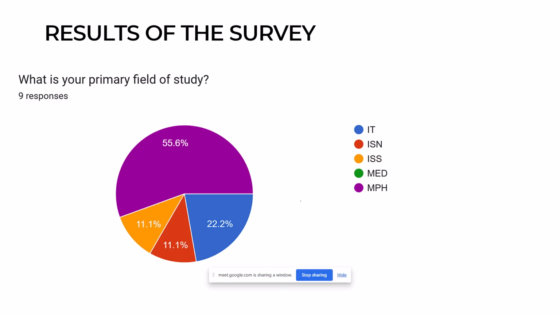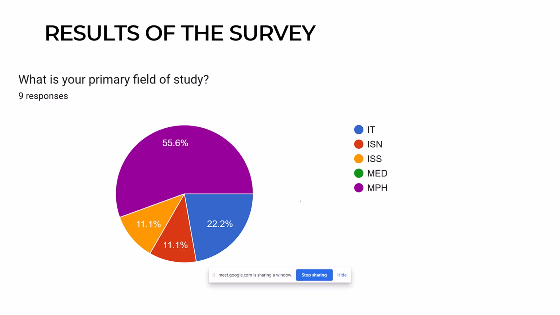Before talking about the main subject of today, this is the result of the survey I've just shared in the WhatsApp group. Based on the results, most of the participants of this course are doing something related to health. That's good.